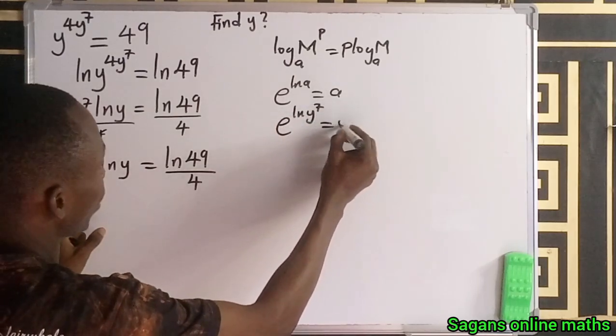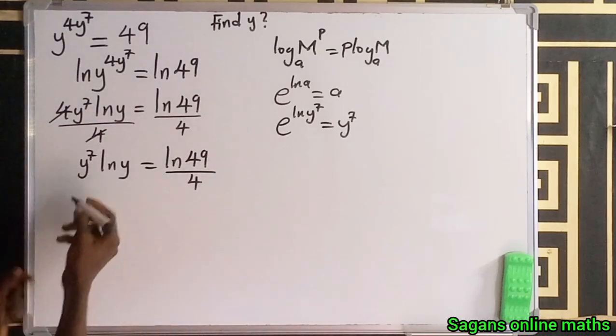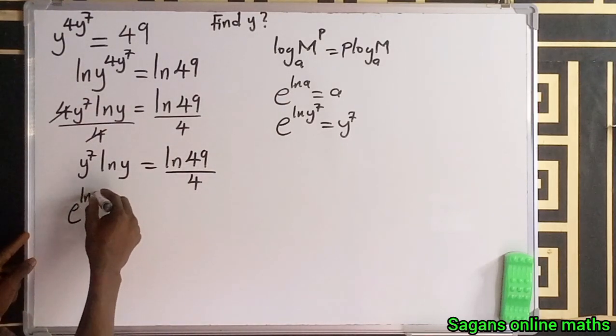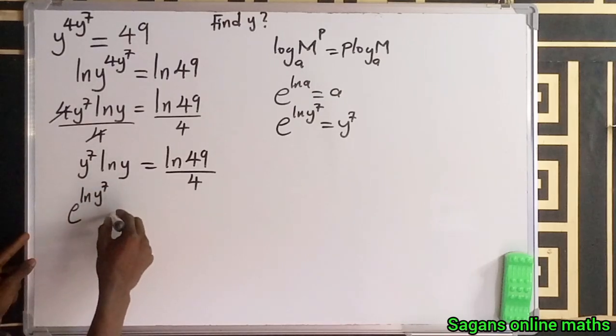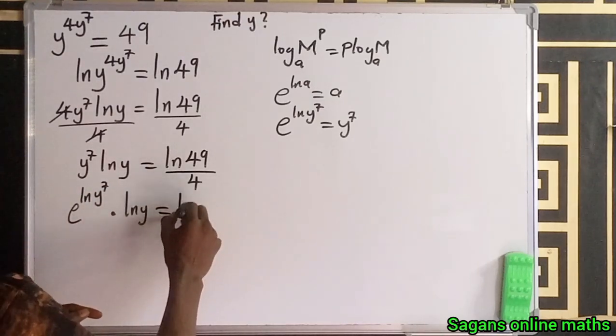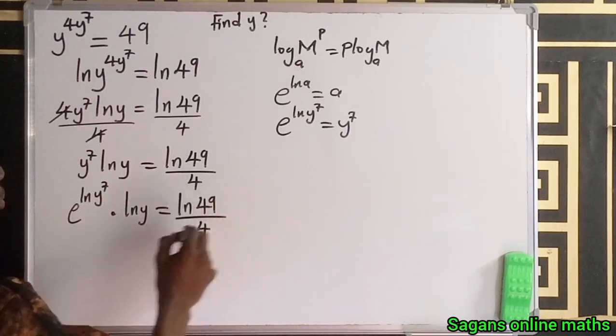So we can write e to the power of ln y to the power of 7 multiplied by ln y is equal to ln 49 divided by 4.